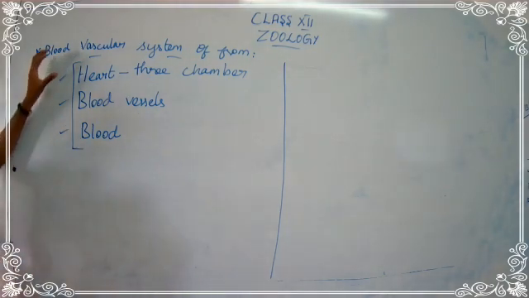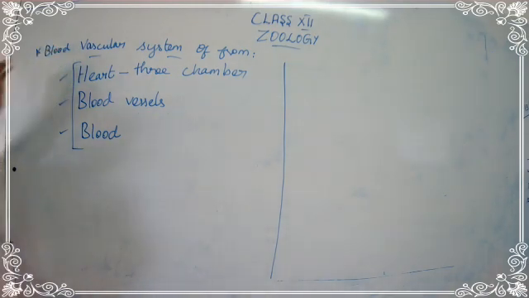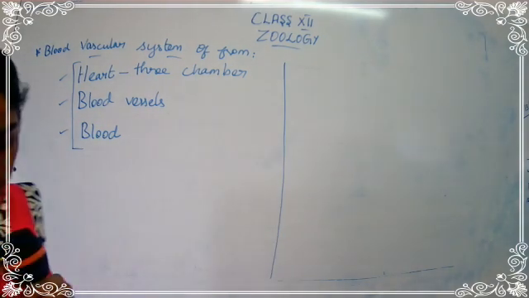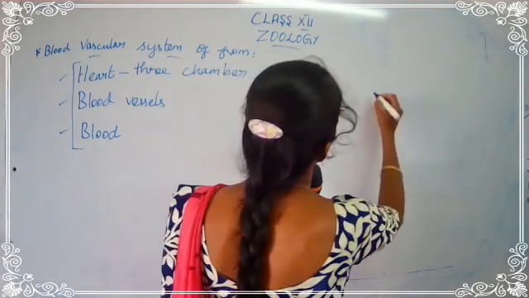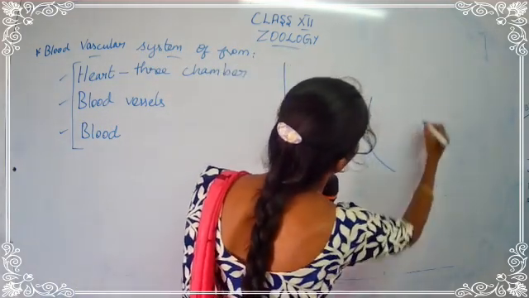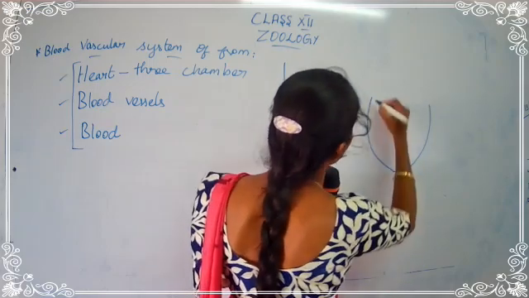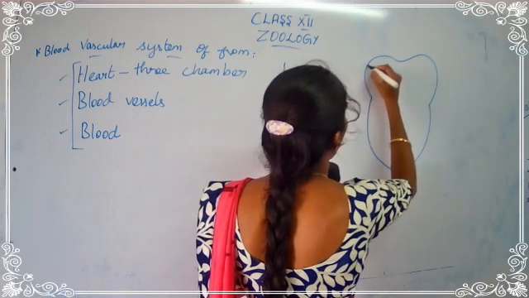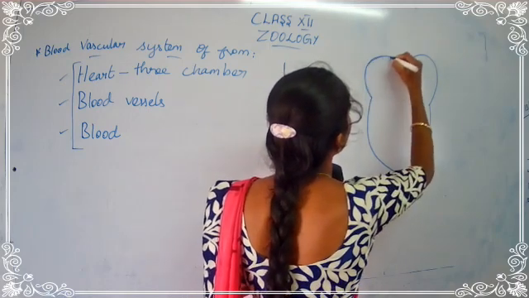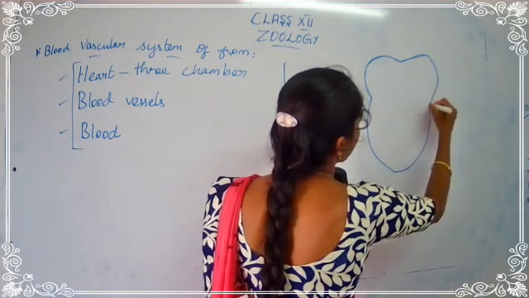First, I come to the heart. The heart is covered by a double layer. Okay. Look at me. It is a frog heart. Just imagine. And the heart is covered by a double layer.